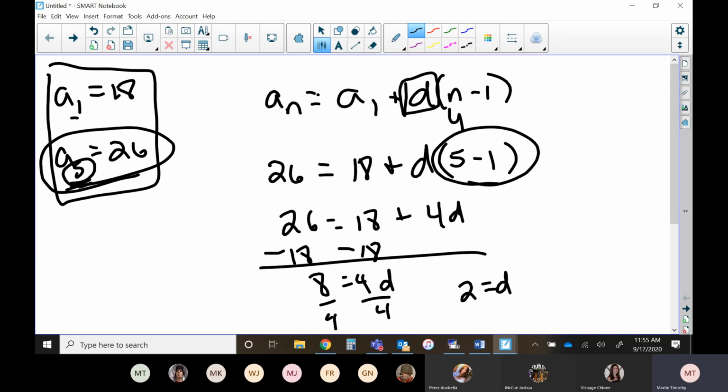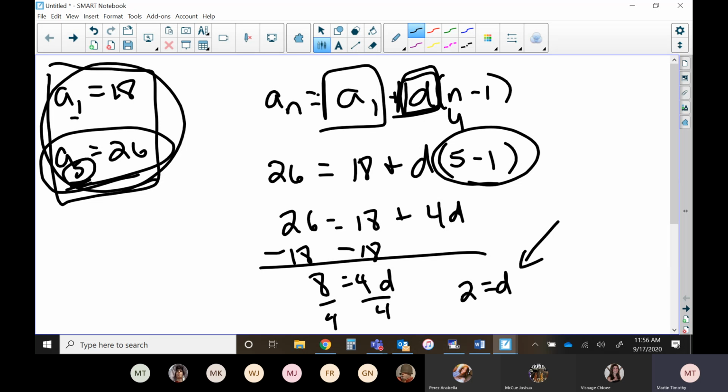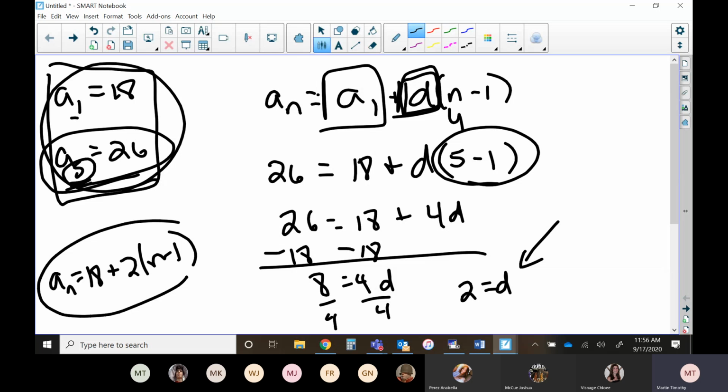For the explicit formula, all I need is A1 and D. They didn't give me D, so I used the information they gave me to solve backwards and get D. And now I can give them the explicit formula, which is an equals 18 plus 2 times n minus 1. And there's my explicit formula for that question.